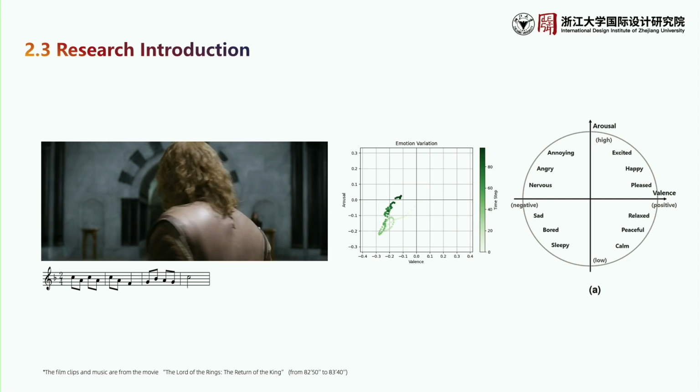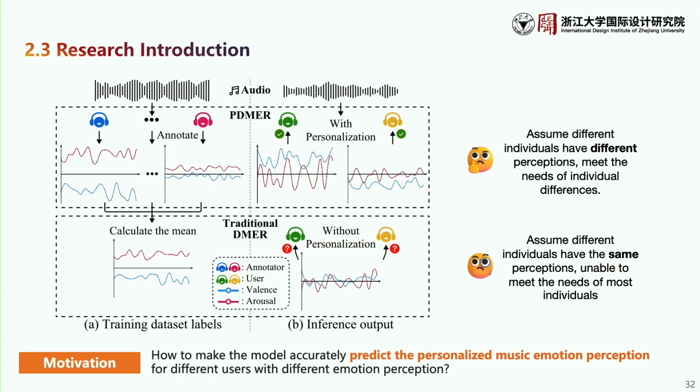Okay, the emotion is pretty sad. So it's pretty good, but not enough, because this traditional emotion recognition method always assumes that different individuals have the same perception. In short, it is one model for everyone.